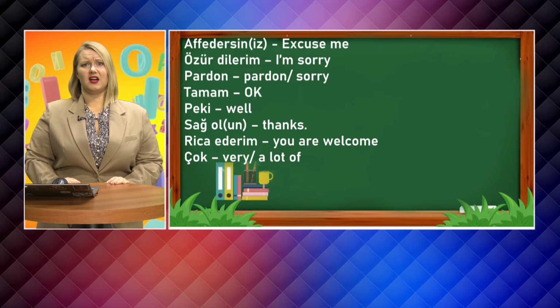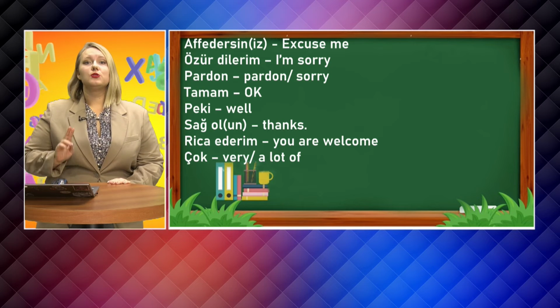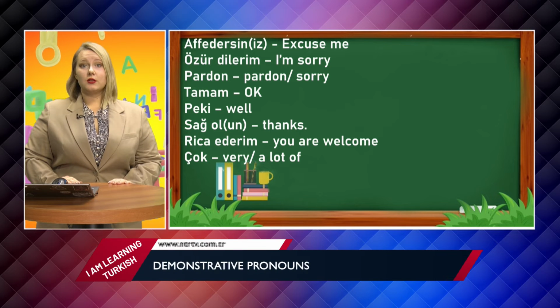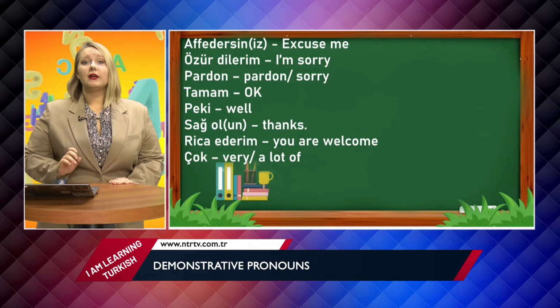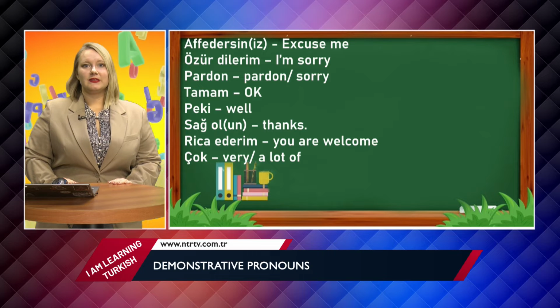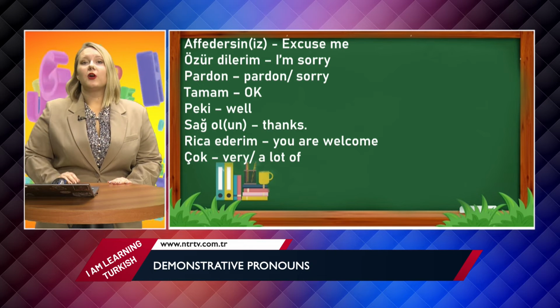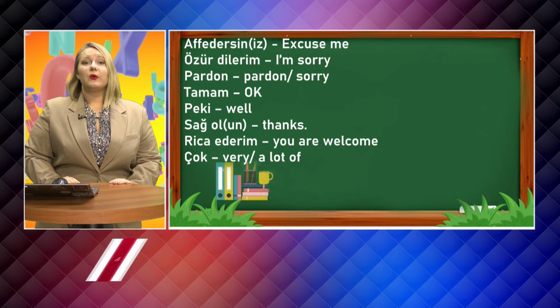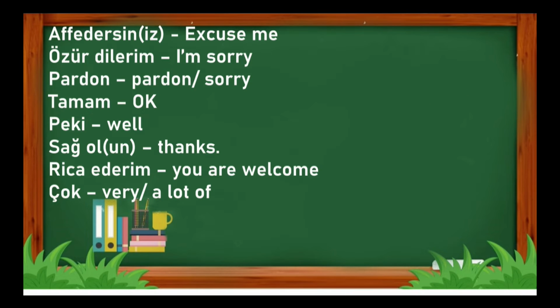We don't use two forms of it. It is only one here. Also, we can use one common with English phrase, pardon. It came to Turkish from French. Then, when we accept something, we can say tamam, which means okay.